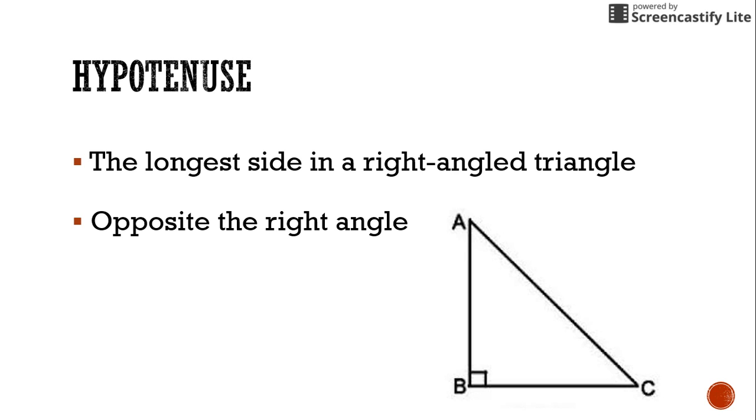However, if you are still unsure, what you can do is you can locate for the right angle. And the side that is opposite the right angle, that is your hypotenuse, which is also the longest side in your right angle triangle. Alright, so the side AC is the hypotenuse for this right angle triangle.